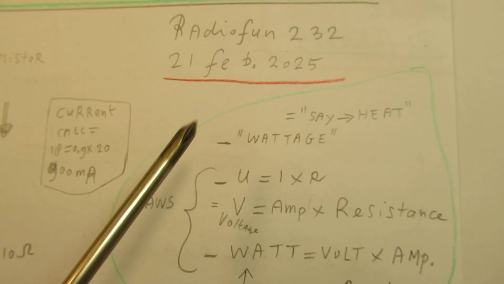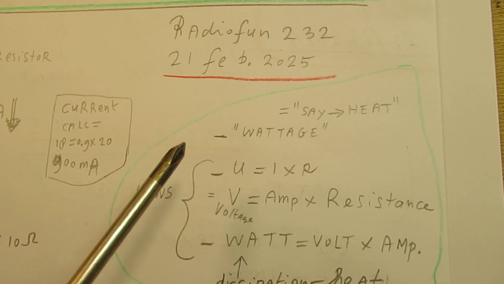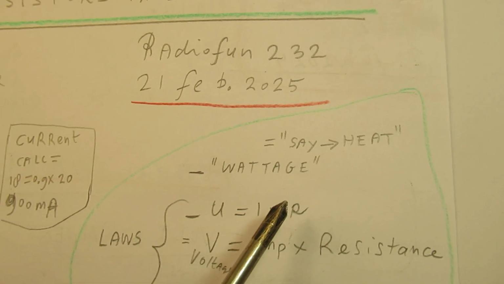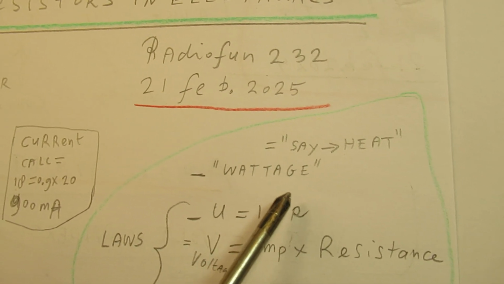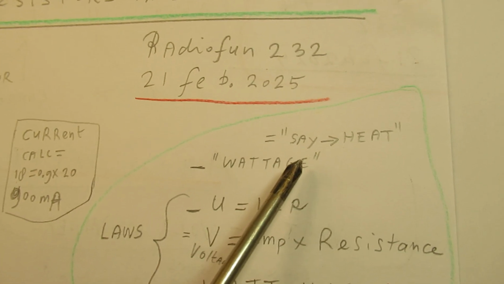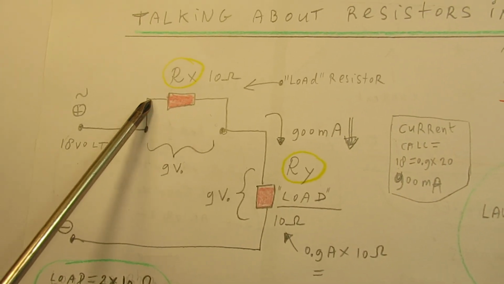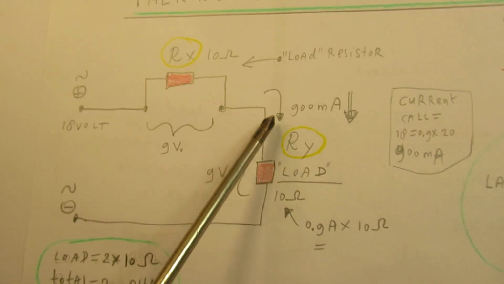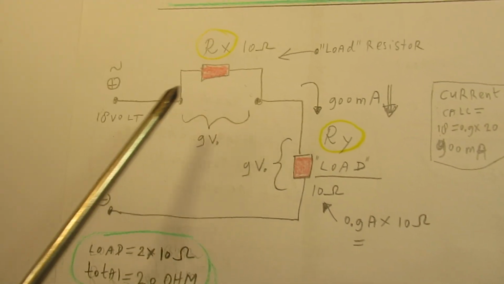In fact, in any electronic or electric circuit, the wattage is often told when they are talking about the heat dissipation in the resistors. Well, that's of course a serious thing. We have here current flowing from the positive to the negative or the negative to the positive.